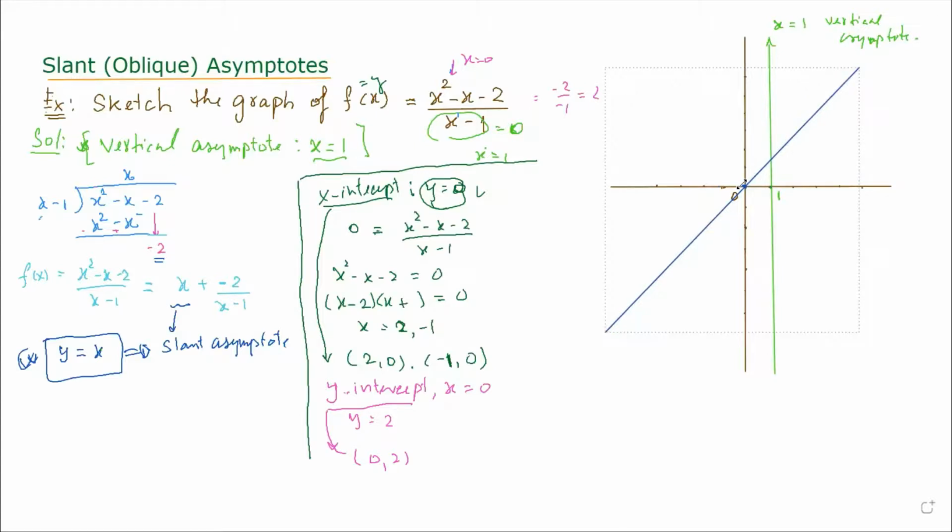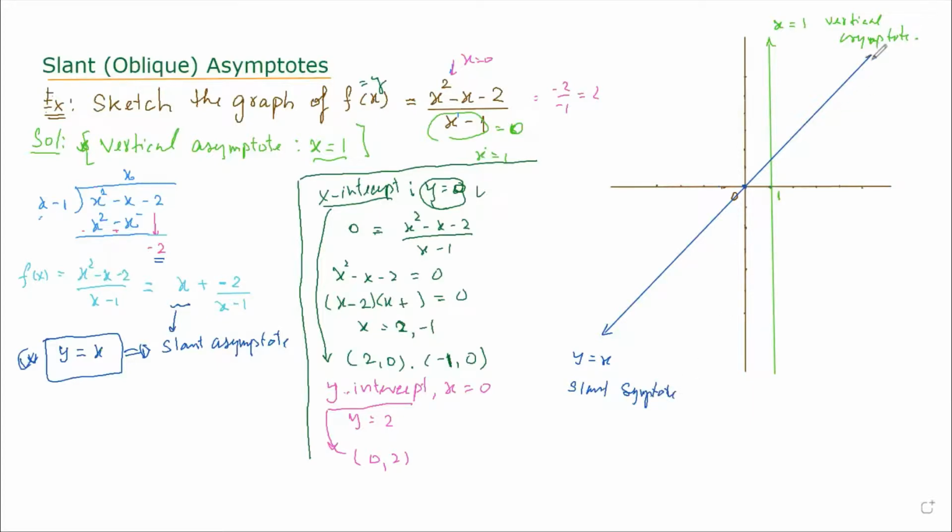You can write down y equal to x. This means slant asymptote.